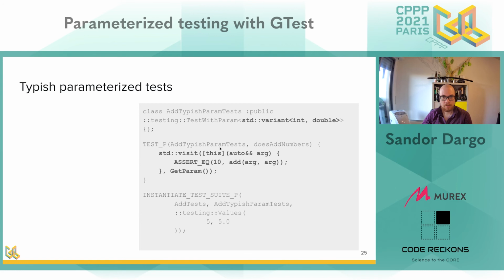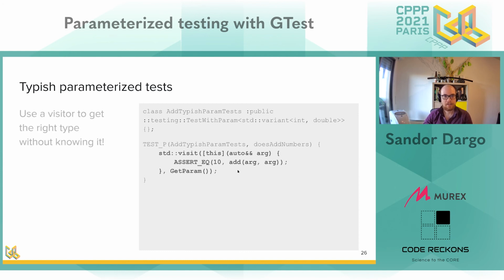So to the visitor, we pass the logic we want to test with this lambda in the beginning, and then we pass in get param, and it will take care of calling the lambda with the right parameters. So here we saw that we could emulate this type-parameterized test simply with a variant and a visitor.